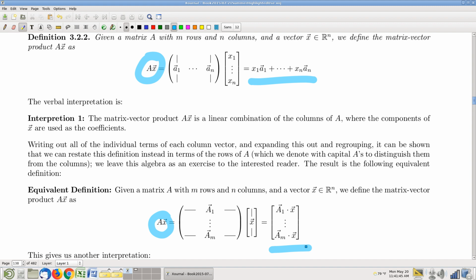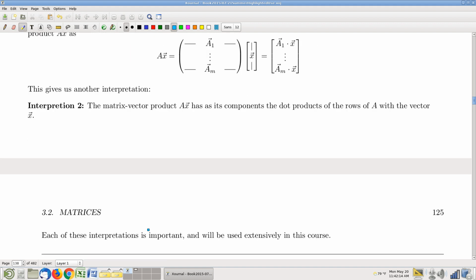Far more often, understanding that this product has this linear relationship with the column vectors is the useful tool. So you've just got to keep in mind that in a high school context, you have very different goals. And now that we are no longer in a high school context, make sure to draw your attention to this one more so than this one. Okay. Alrighty.